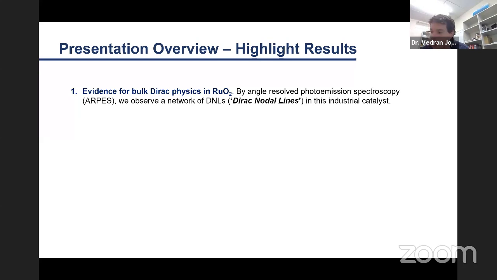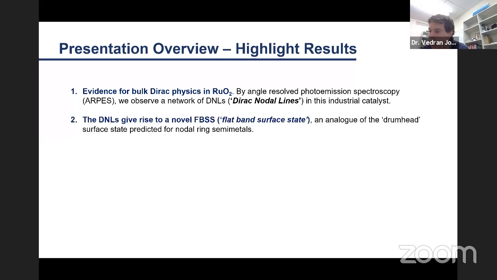This Dirac nodal line gives rise to what's called a flat band surface state. This is the so far unobserved analog of the drumhead surface state predicted for nodal ring semimetals. This phase also opens the gateway for the study of exotic phenomena like unconventional surface superconductivity or long-range Coulomb interactions.